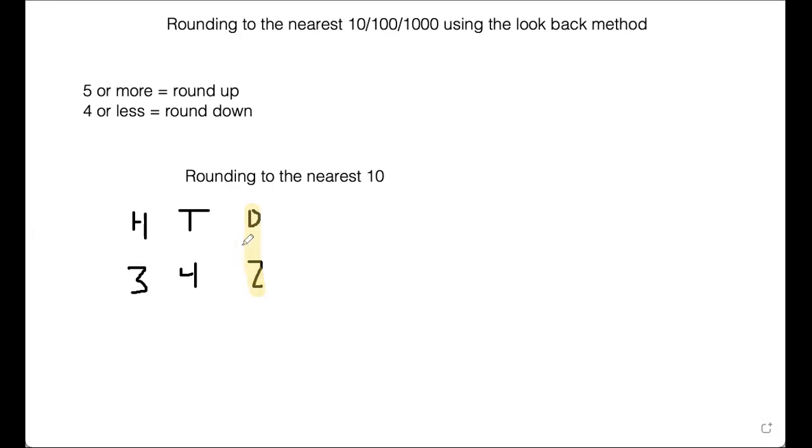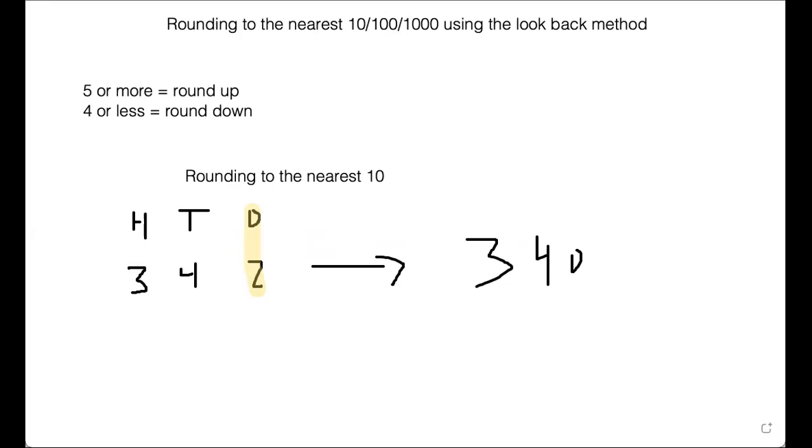If this is 4 or less, it rounds down. If it's 5 or more, it rounds up. 4 or less, so 42 will round down to 40. But the answer isn't just 40. Remember to include the numbers that you haven't rounded, 340.